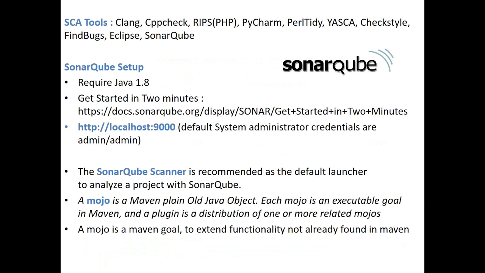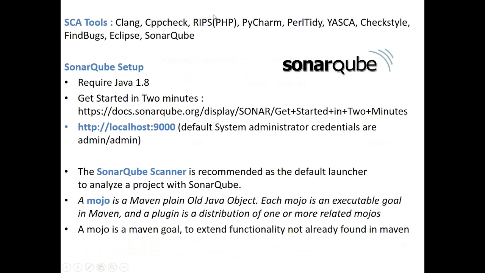Once again, for different kinds of programming languages, we have different kinds of source code analysis tools. Okay, specific to each programming language you have a tool. In case you're trying to do a source code analysis for C++, then you have tools like clang or cppcheck. In case you're trying to do a code analysis for PHP code, then you have something called RIPS.